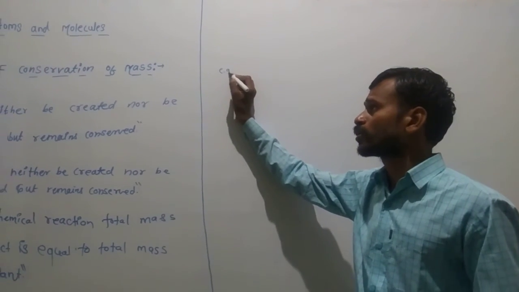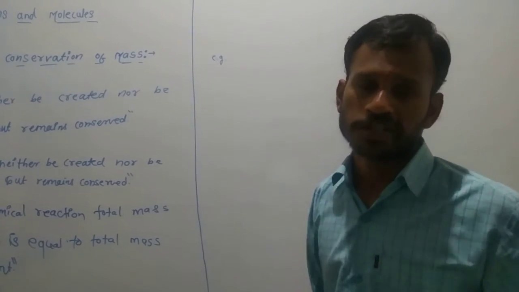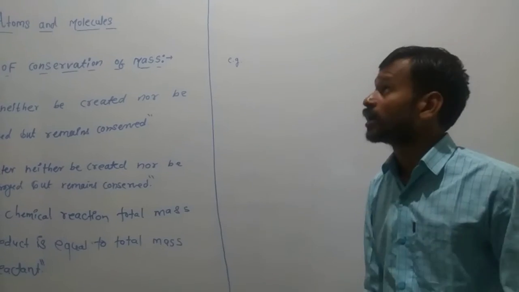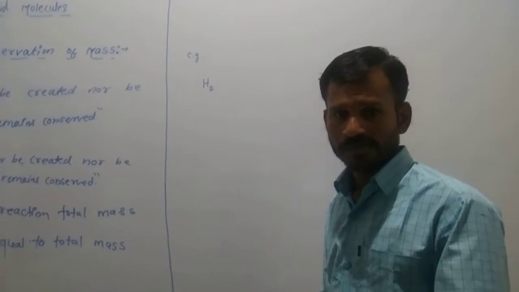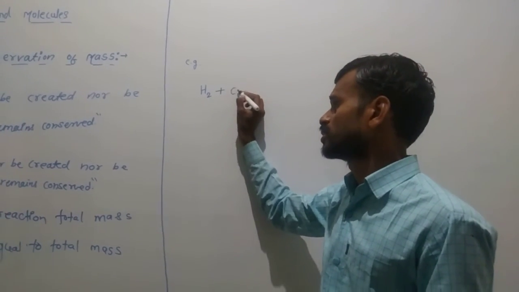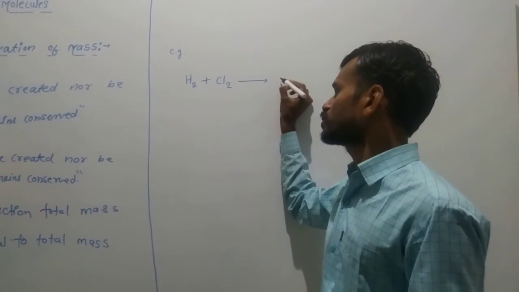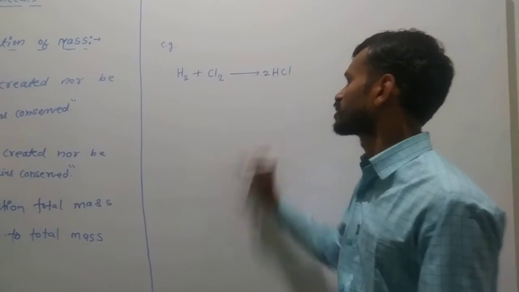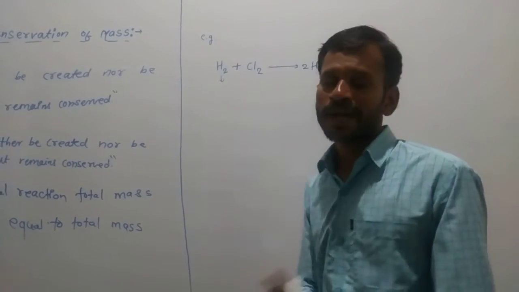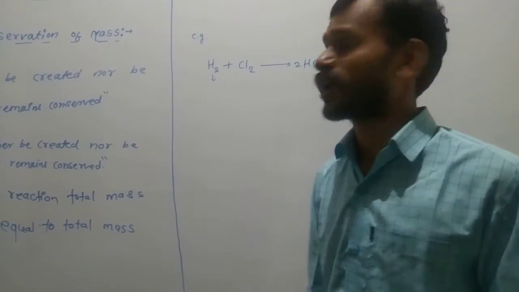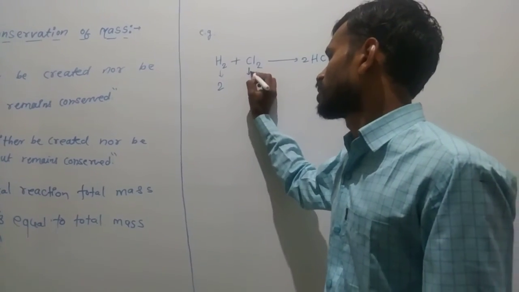To understand this concept, we have one simple example. That example is H2 plus Cl2 gives rise to 2HCl. The mass of hydrogen: one hydrogen atom is 1, and two hydrogen atoms are 2.